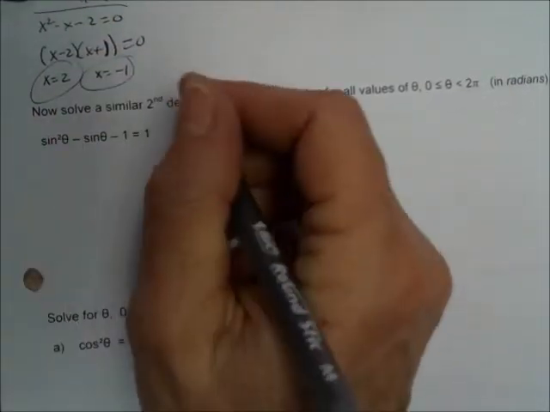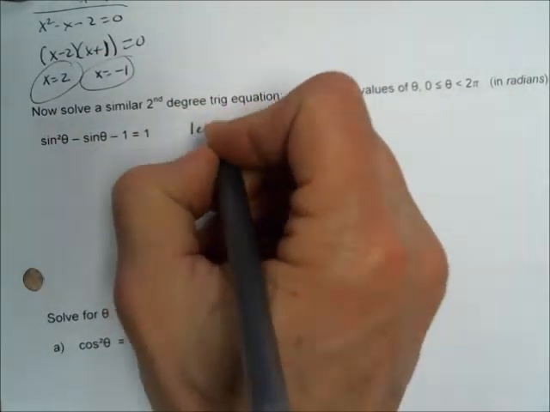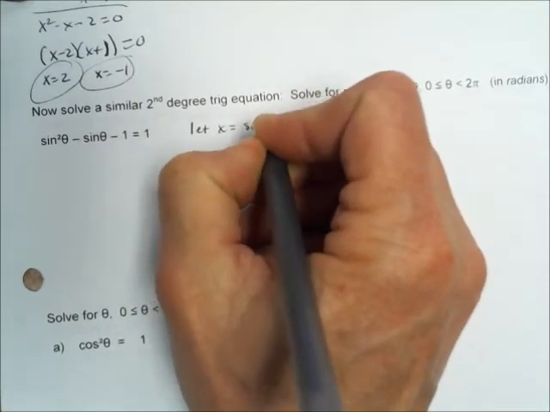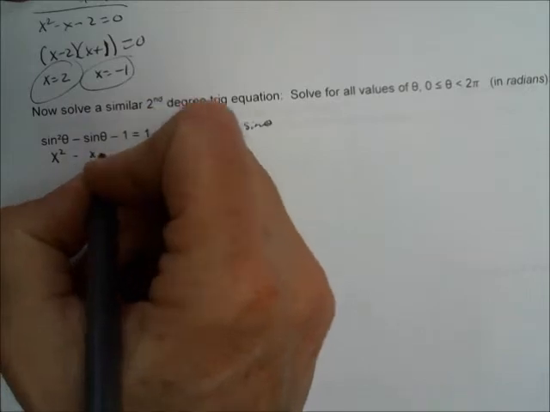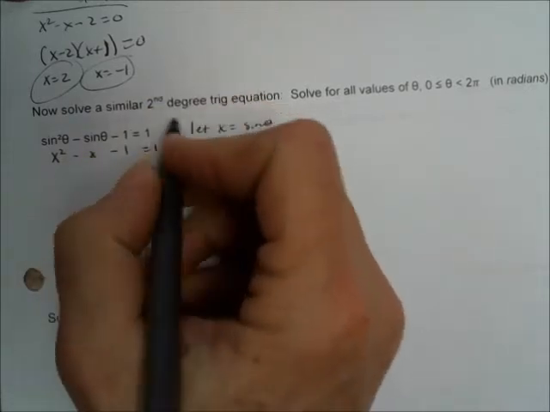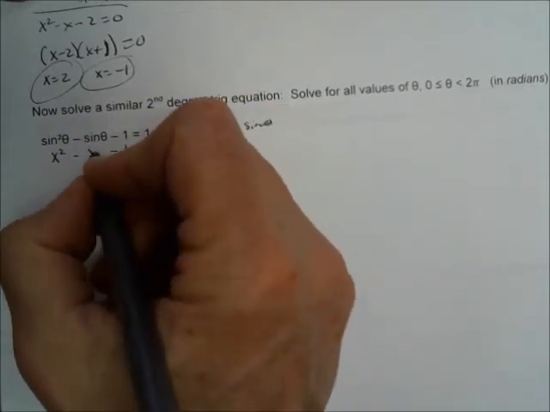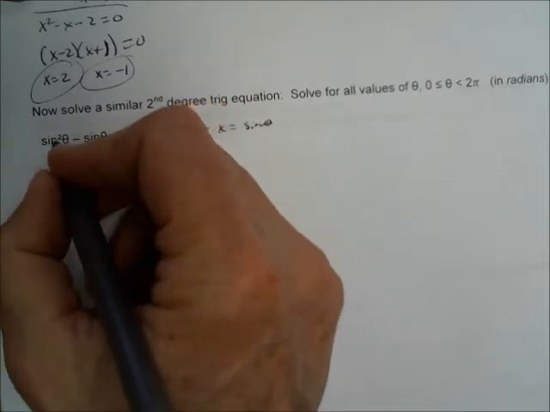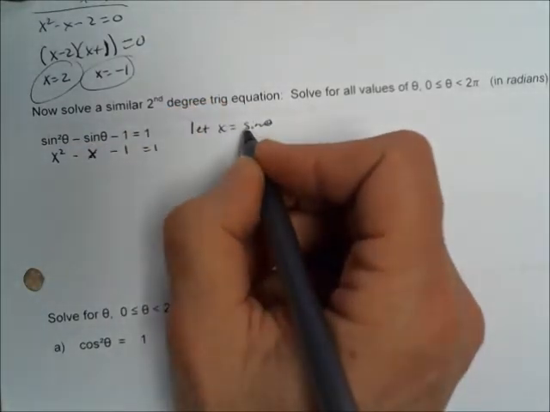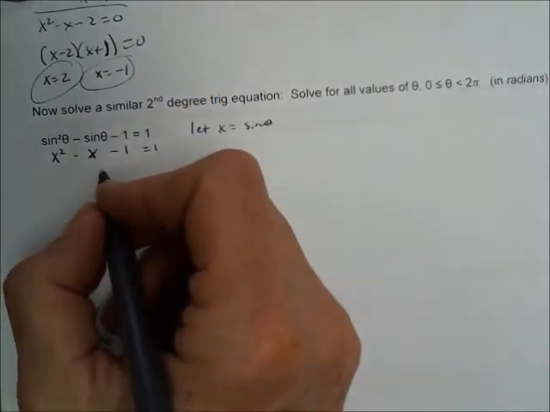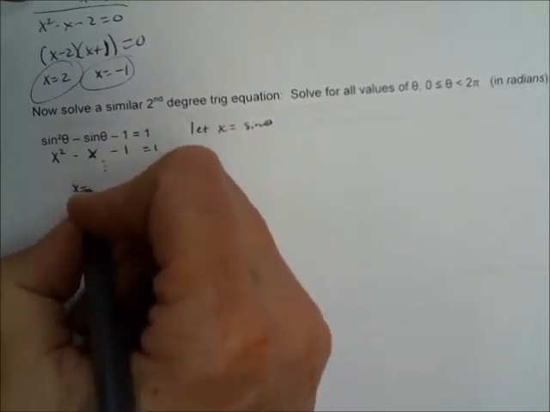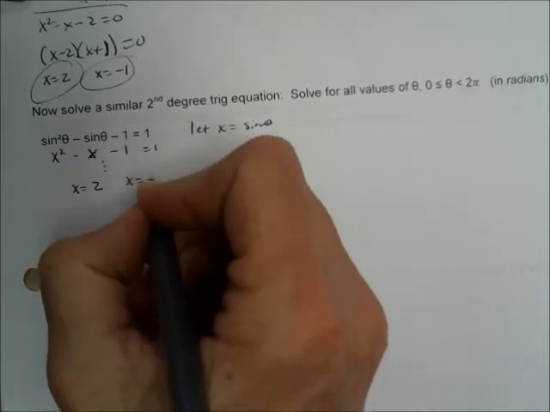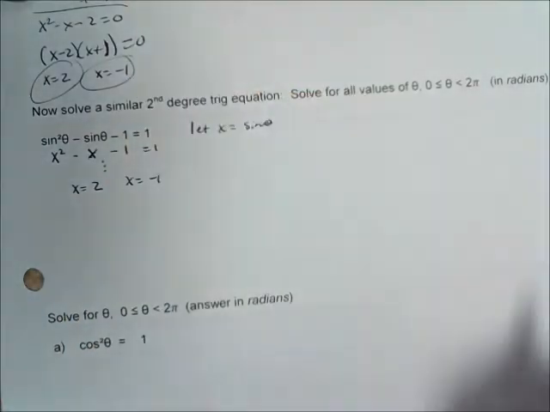In fact, if we let x equal the sine of theta, we can just call this x squared minus x minus 1 equals 1 and do that substitution. It sometimes makes it faster and easier if you make these kinds of substitutions and then solve for x. So I'm not going to solve this again. We got x equals 2 and x equals -1 when we did it up there.